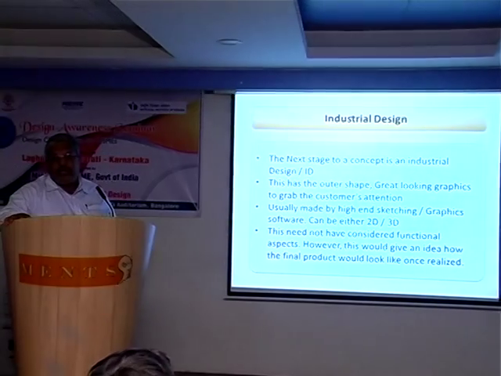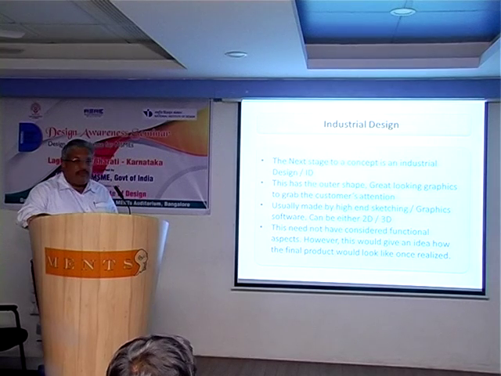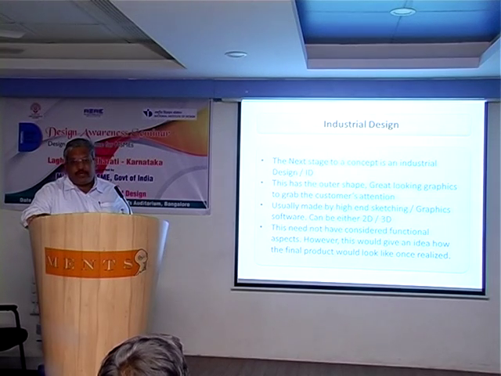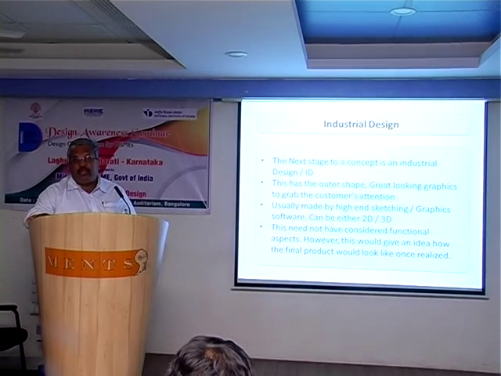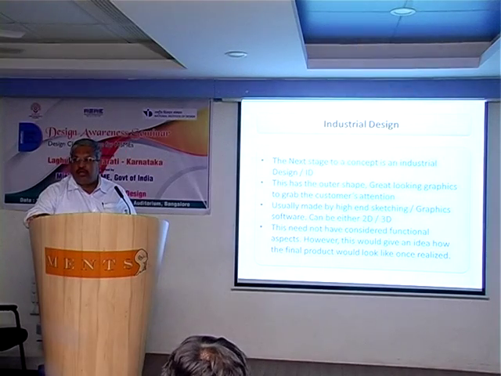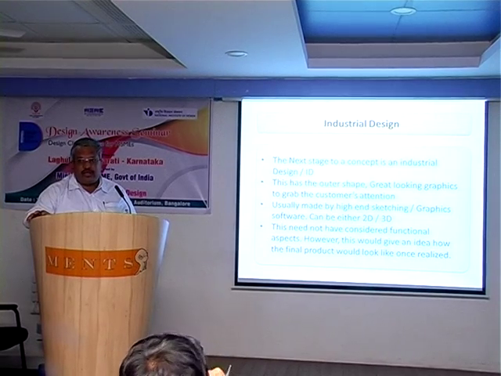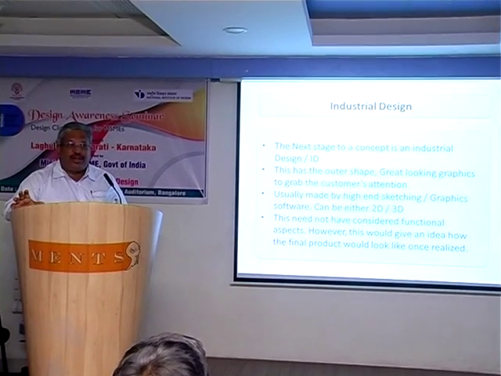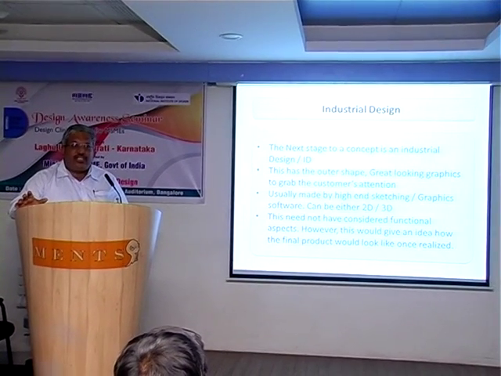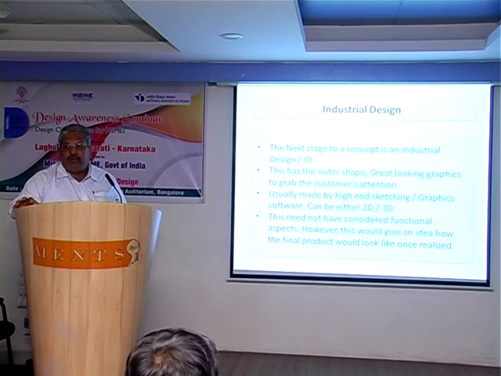It can either be 2D or 3D, and need not be considering the functional aspects. At the stage of industrial design, we may not give more importance to what is the function of the product or how do we achieve the function of the product. It appeals to the emotional quotient or the interest of the consumer who uses this product. It should be attractive to the customer.